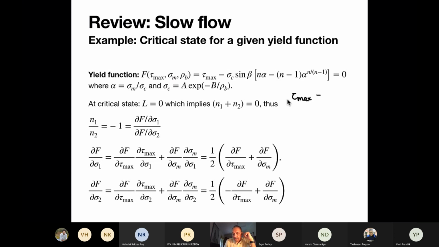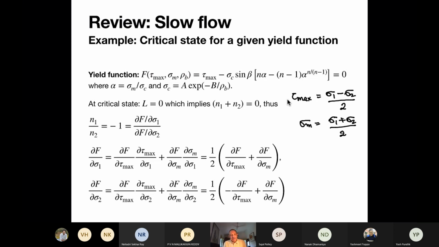We will remember that tau max is just sigma 1 minus sigma 2 divided by 2, and sigma m is equal to sigma 1 plus sigma 2 divided by 2. So essentially, this is a function of the principal stresses, and the density comes in through this sigma c, which has a bulk density in there. So this is in fact a function of sigma 1, sigma 2, and rho v, because it's in 2 dimensions. And so you have f equal to 0.